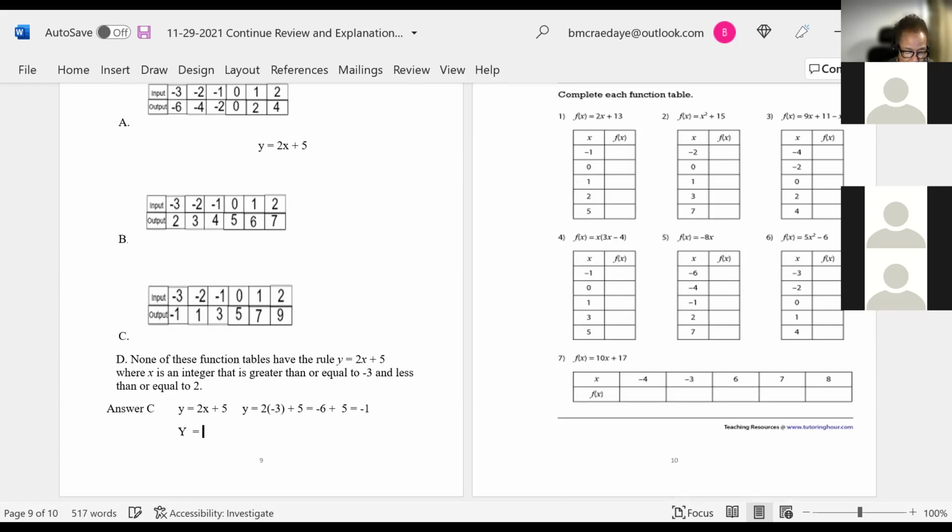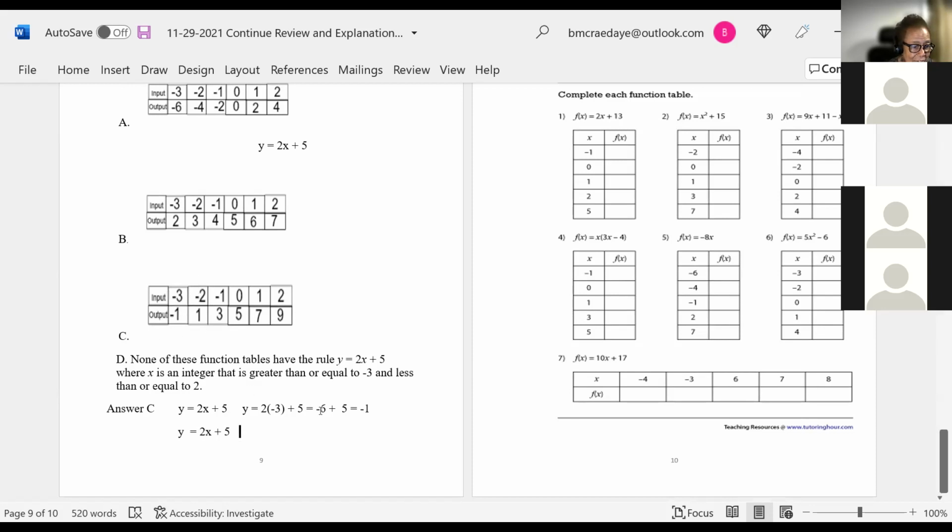Now we did it for the minus 3. Now put the minus 2 in there. For x, you want to put the input.